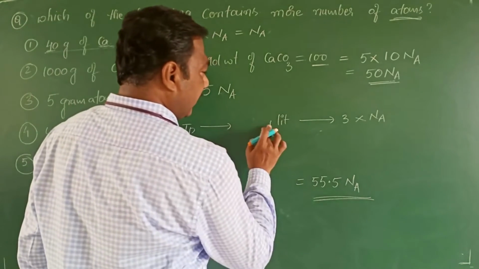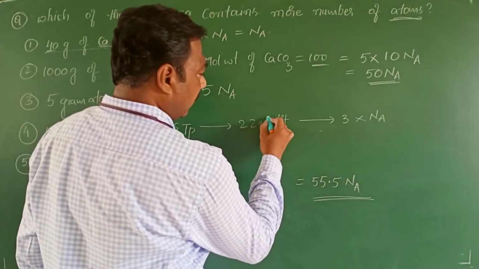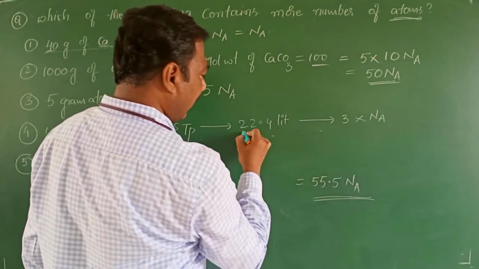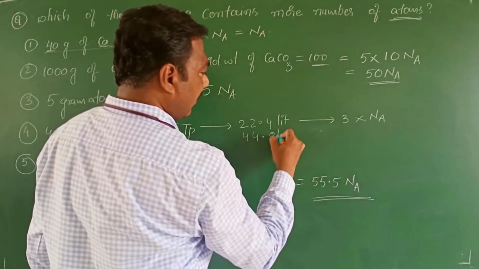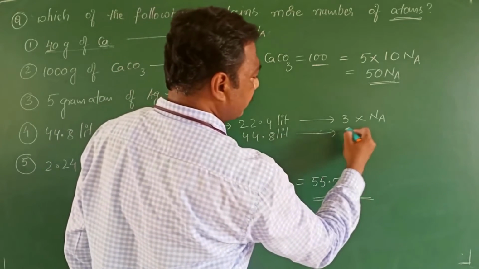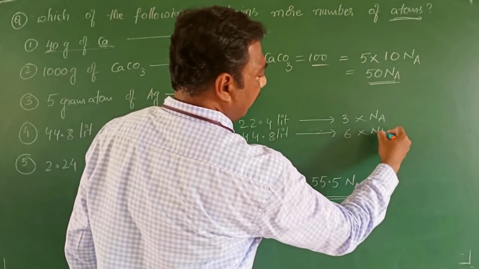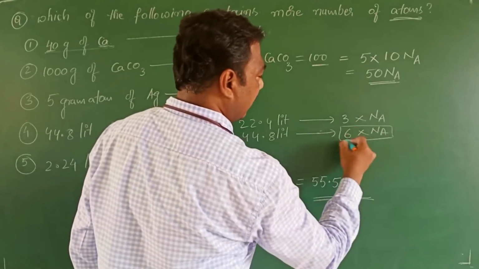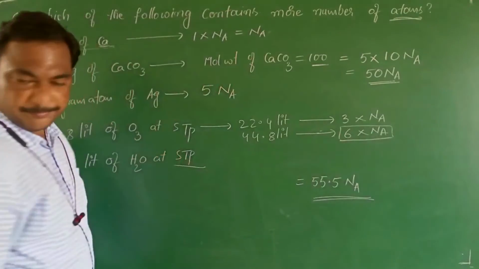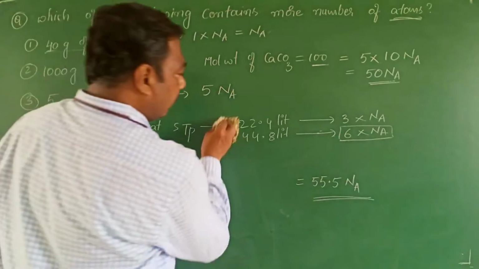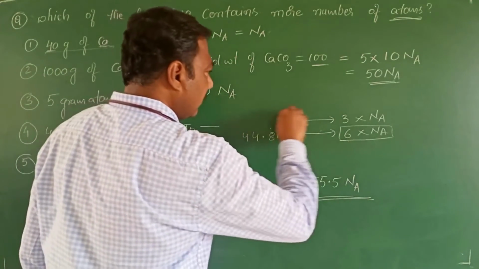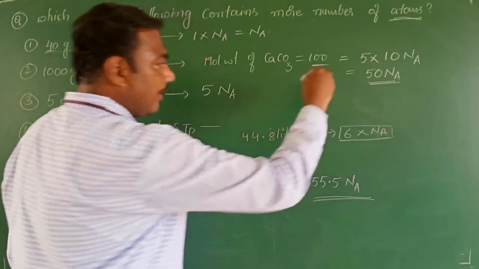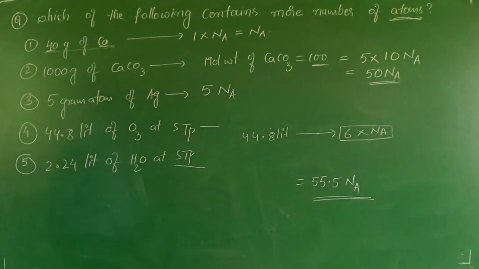That means if it is 22.4, it is 3 into Avogadro number. Then when it is 44.8, it should be 6 into Avogadro number of atoms. That means this is our answer for this one, right? In 44.8 liters, we have 6 into Avogadro number of atoms.